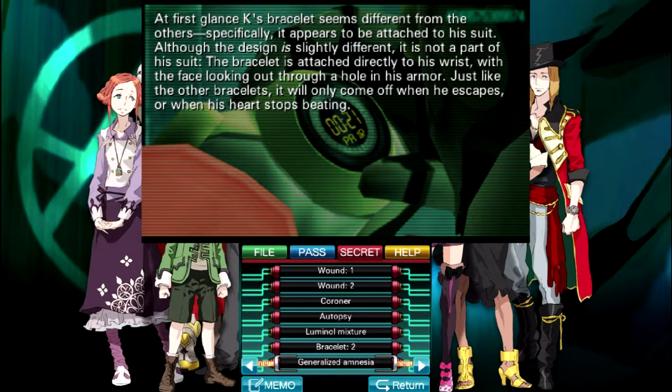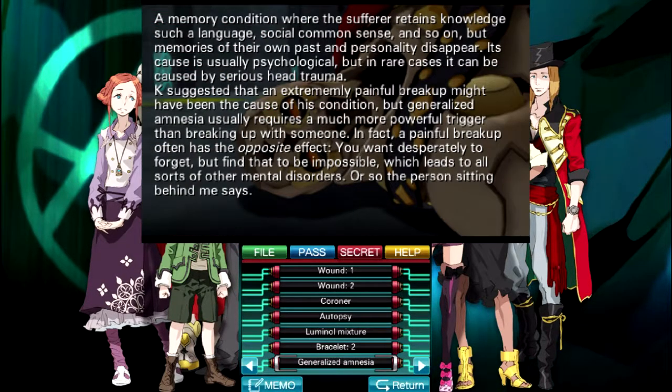And last but certainly not least, generalized amnesia. A memory condition where the sufferer retains knowledge, such as language, social common sense, and so on, but memories of their own past and personality disappear. Its cause is usually psychological, but in rare cases can be caused by serious head trauma. Case suggested that an extremely painful breakup may have been the cause of his condition.